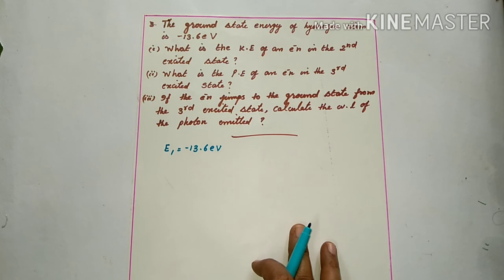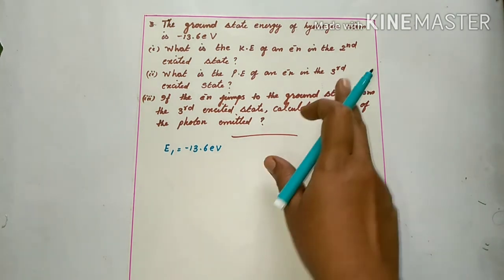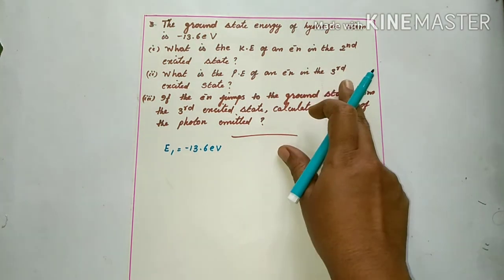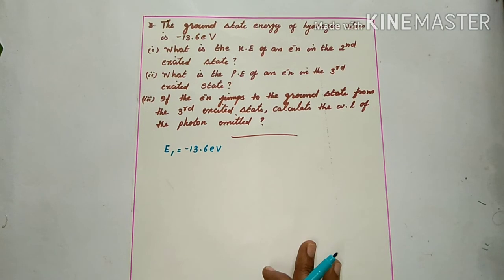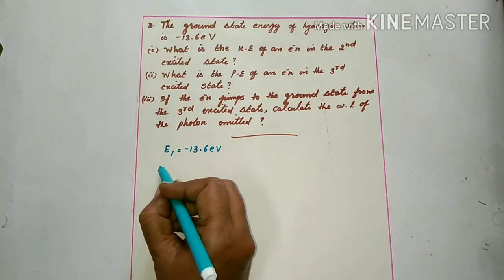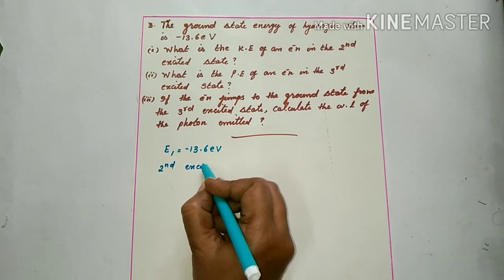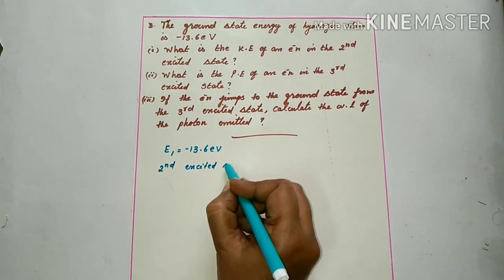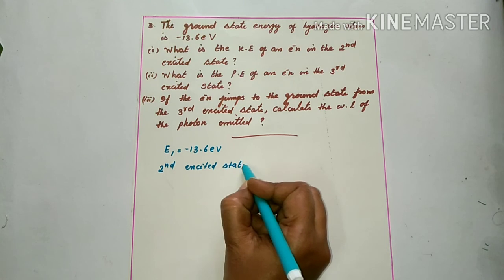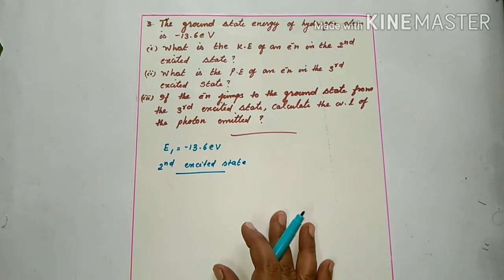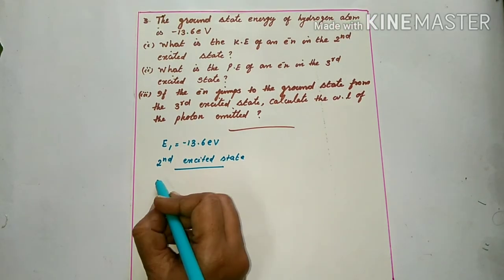So first you want to find out the total energy of electron in the second and the third excited state. For the second excited state, the orbital quantum number is n equal to 3.